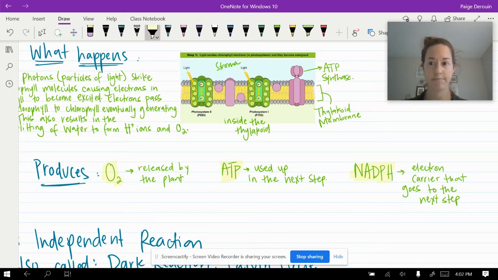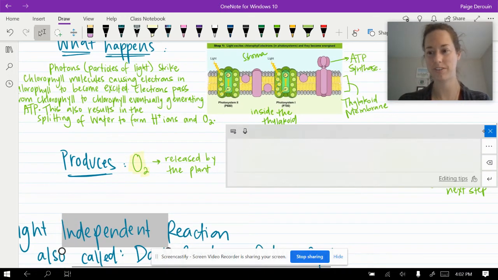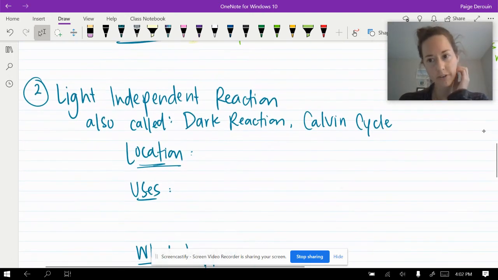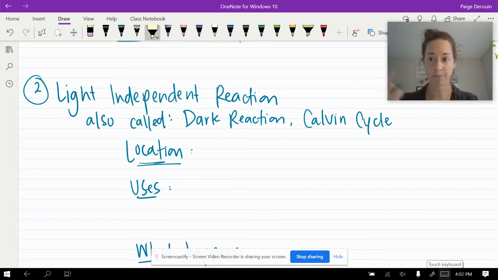Okay, ready for part two? Here we go. We're going to go to part two now, and there are a few different names for part two, which are the light independent reaction, the dark reaction, or the Calvin cycle. You can call it any of those three things, and you might see it called any of those three things.